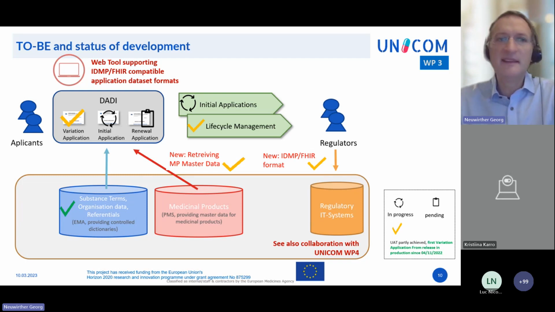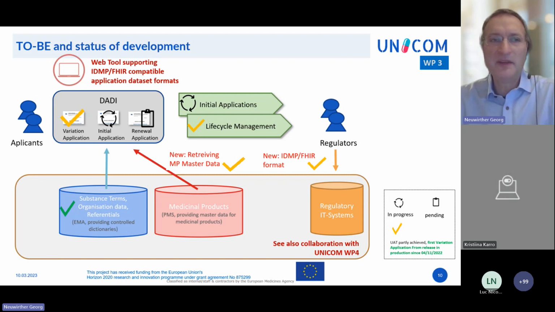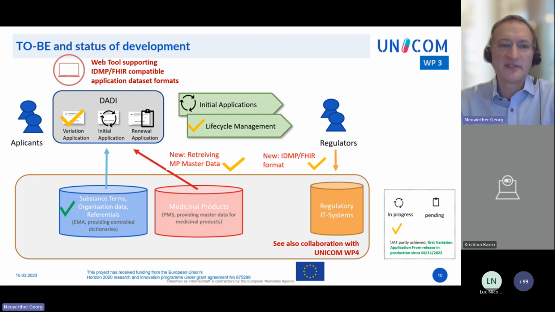Where are we today in the development? You can see some green checks. So the consuming of SPOR data, substances, organizations, and referentials via FHIR is processed. For the variation form, it's online.